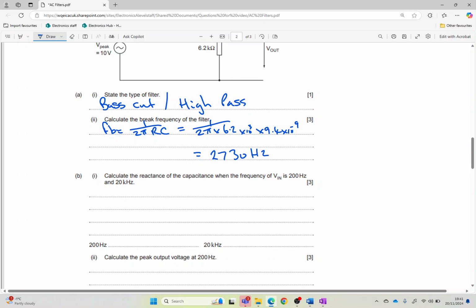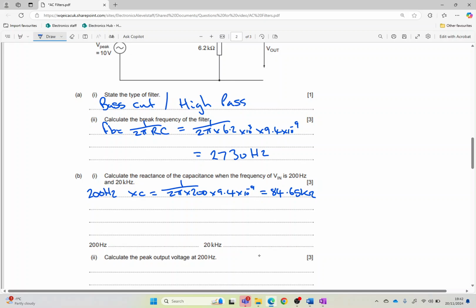We're looking to then calculate the reactance of the capacitor when the frequency is 200 hertz and 20 kilohertz. So when it is at 200 hertz, Xc equals 1 over 2 pi times 200 times 9.4 times 10 to the minus 9 equals 84.65 kiloohms.